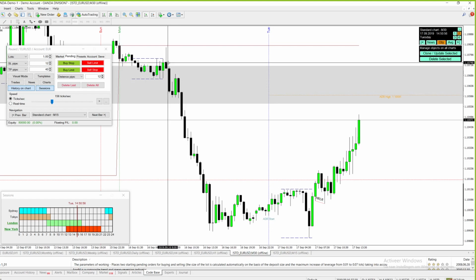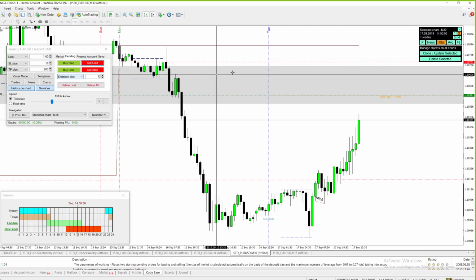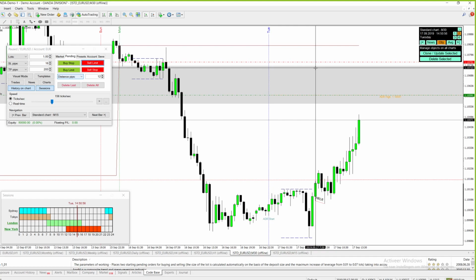So I'm gonna put it up here, and then we have a 16 pip stop loss, which is fine. If you're targeting like 200 pips, then a 16 pip stop loss should not bother you. So we have a conservative stop loss right now. Also above that 4-hour breaker, so if the breaker gets disrespected, then probably price is just gonna move up further.